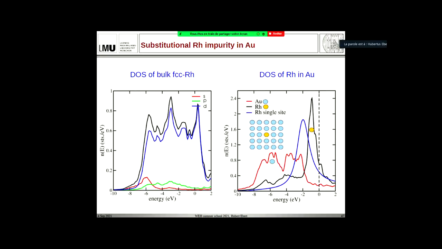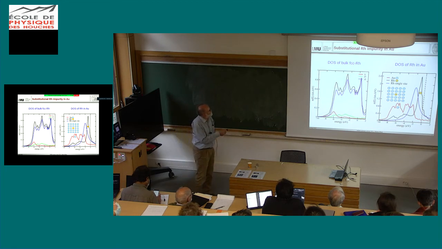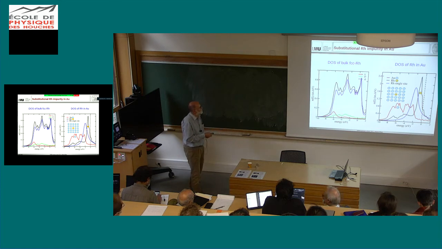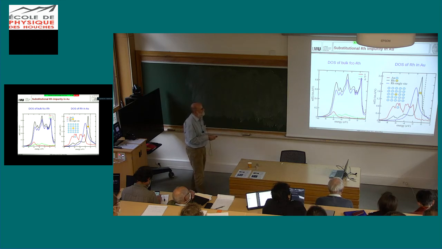Now, how that works is, of course, quite straightforward. You see here an example. This is FCC rhodium. So you see the broad FCC characteristic density of states for a transition metal. So it's more or less rectangular. And now if you look at gold, this is shown here. It's also more or less rectangular. You have some grouping into lower and upper bands, but anyhow, it's more or less rectangular if you want.